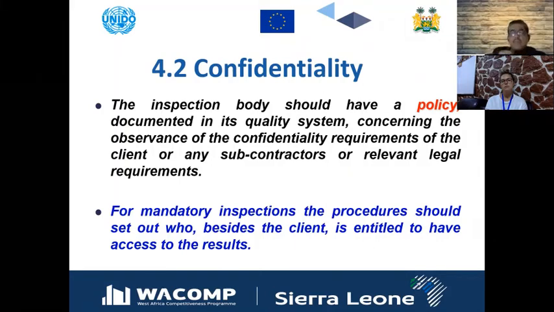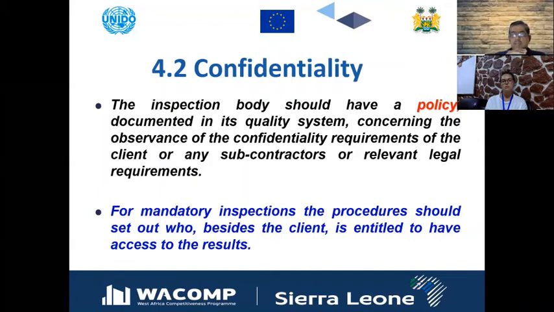For impartiality, we always recommend that there should be an impartiality policy as well, and an impartiality committee, because risk can be identified every time that you are not compromising on impartiality, you are not compromising on confidentiality.